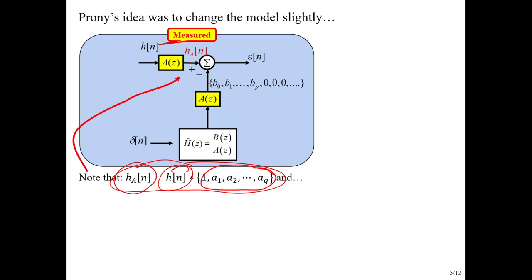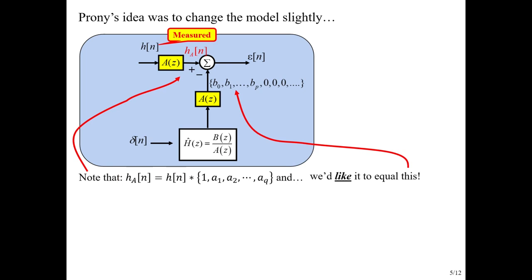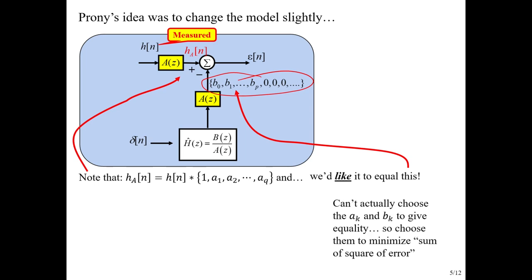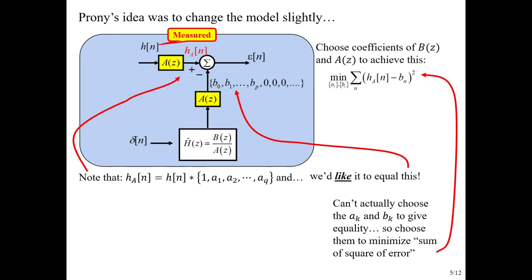So now here's the thing. This result needs to match that as best as possible. That's our new formulation for the problem. So we'd like it to equal this, but it's not going to equal it. And we can make it be as close as possible. So we can't actually choose the coefficients to give equality, but we can solve it in a least squares sense.